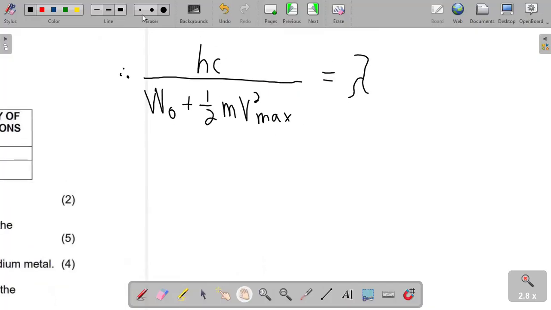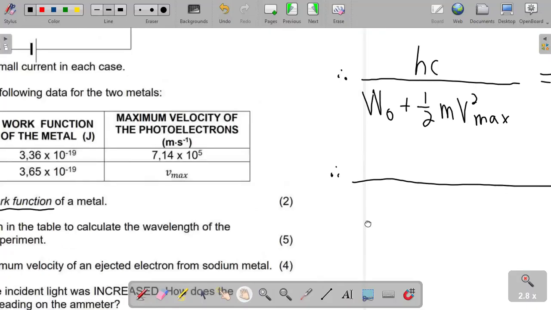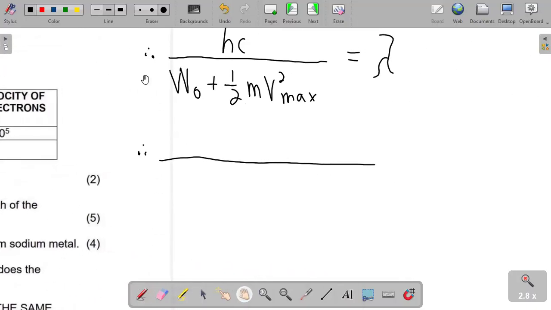So then we can make a substitution. The work function here we can use for calcium, which is 3.36 times 10 to the negative 19.